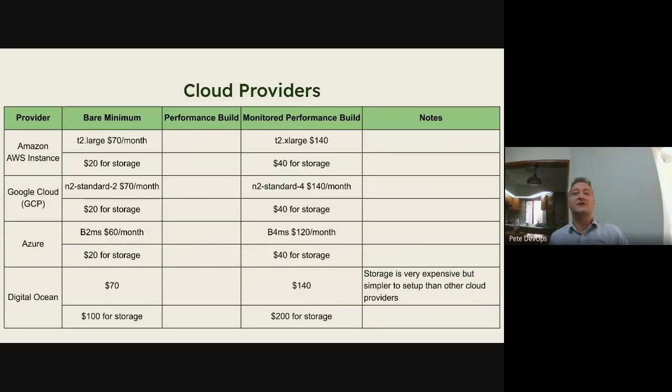Let's look at some of the costs associated with running a validator node with a cloud provider. For the bare minimum for a node, you're looking at approximately just under $100 a month per node. But if you use the economy of scale, use the larger box and put multiple nodes on there, you can get significant discounts. Then you're talking around $100 to $200 for this box per month.